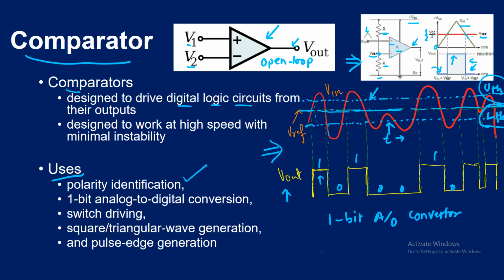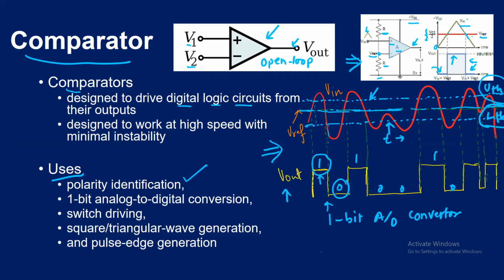Whether you want to know if your input signal is positive or negative, you can understand the polarity of the input signal based on the output. For example, if the output is logic 1, the input is positive with reference to the other input of the comparator, that is the reference. If the output is 0, the input voltage is negative and its polarity therefore is negative.